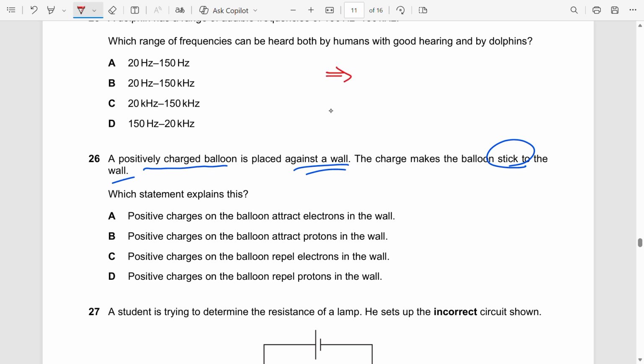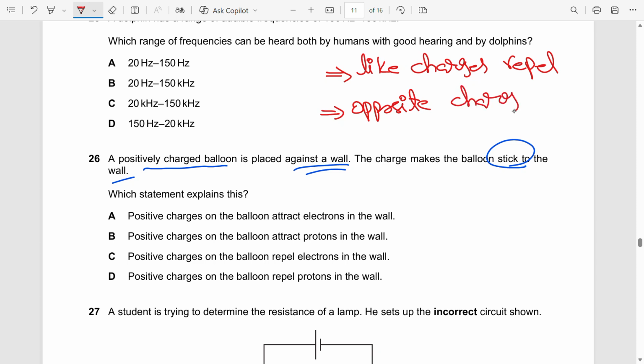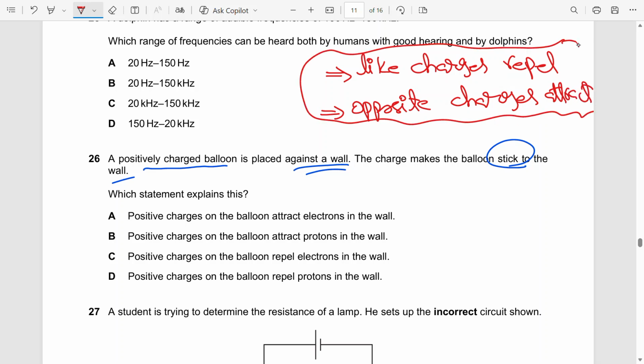There is a phenomenon which you have studied earlier as well: like charges repel and opposite charges attract. So this phenomenon will be applicable right here.